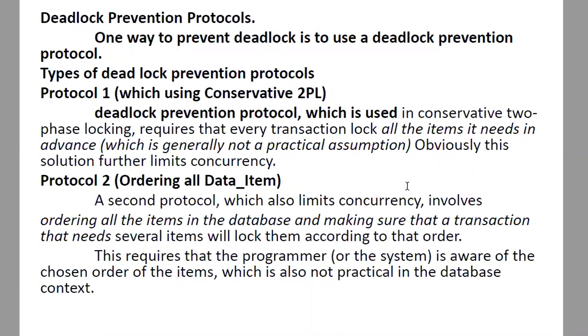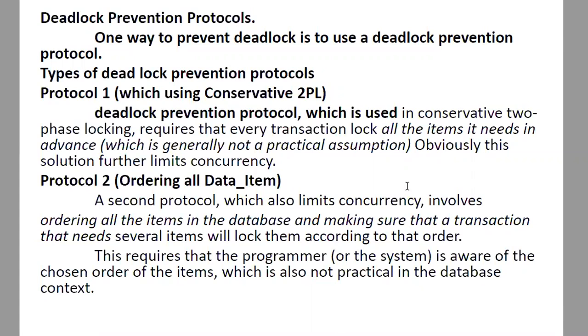For example, if T1 is starting its execution and is trying to access data items X, Y, Z, only if all of X, Y, Z are totally free will transaction T1 start its process.